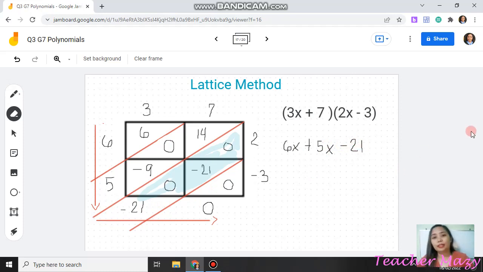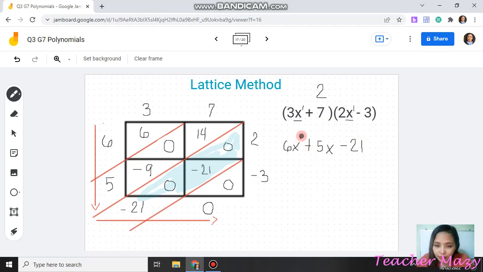To determine the degree of the product, we need to look at the literal coefficient of the first factor. So we have x and x here, each raised to 1. We can use the first law of exponents, so that is 1 plus 1. That means the degree is 2.